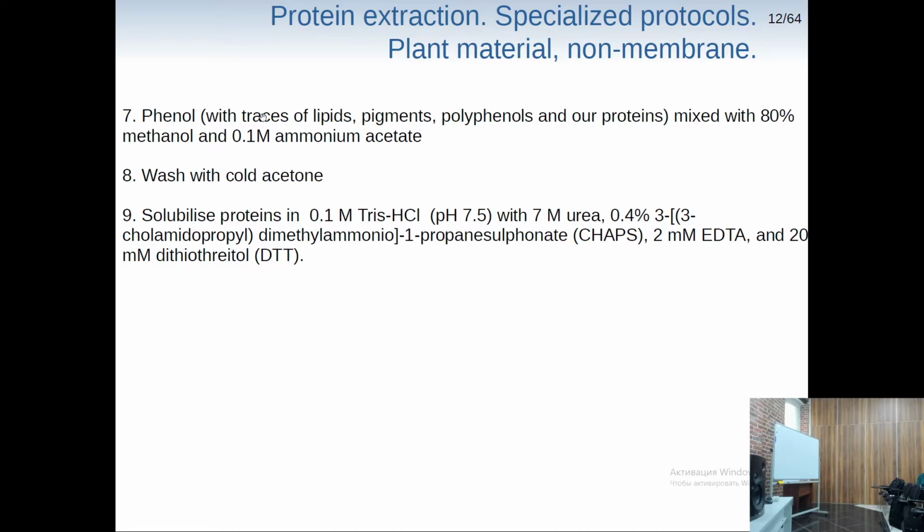Our proteins will be mostly in this solution, and we can again precipitate them, just by adding some methanol and ammonium acetate, we have now a precipitate of our proteins. We can wash it with cold acetone from lipids and from everything that is polar enough, and solubilize it.